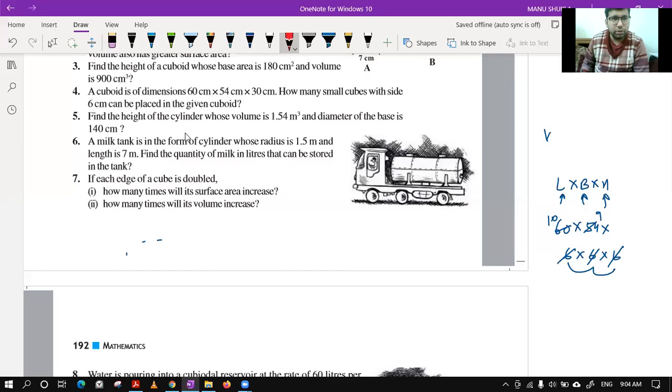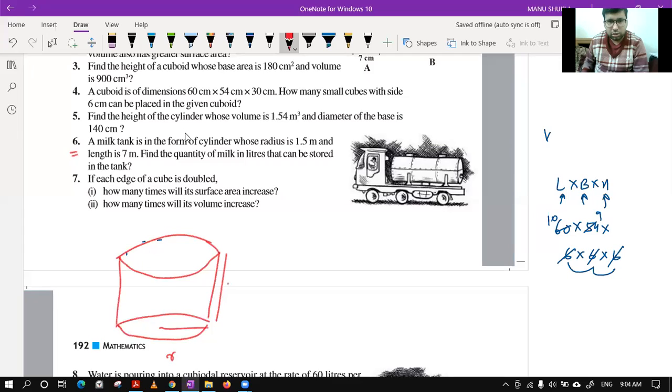Question number 6. A milk tank is in the form of a cylinder whose radius is 1.5 meters. So again, as soon as you read the term cylinder, your responsibility is to make a cylinder like this. Let's see, this is your R, this is your H. Now read the question. A milk tank in the form of a cylinder whose radius is 1.5 meter, and the length is 7 meters.